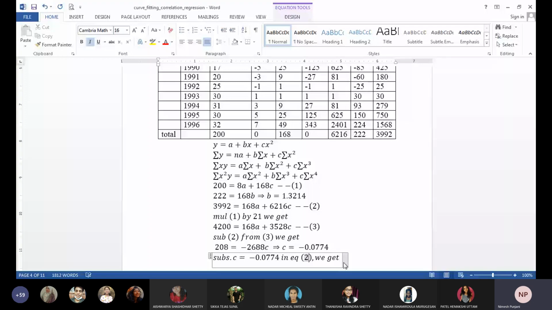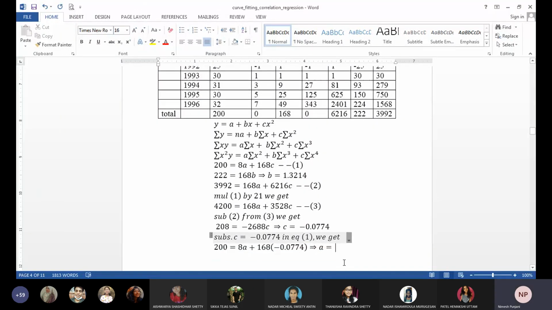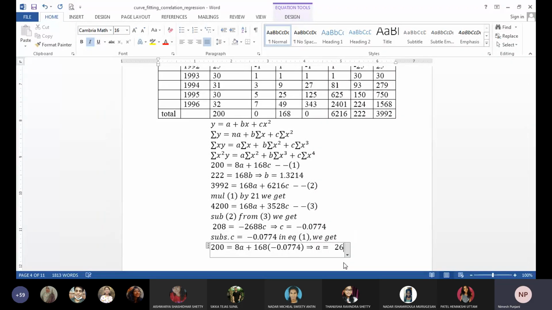1 में नंबर छोटा है तो कितना मिलेगा मेरे को. 200 equals 88 plus 168 into minus... so that will give me the value of a as, क्या आएगा मेरा a का वैल्यू. a का वैल्यू आएगा मेरा 26.6254.